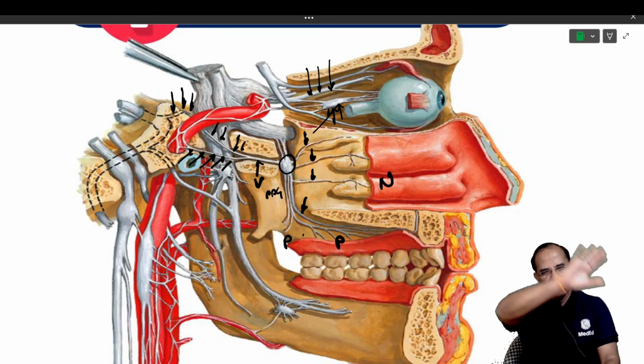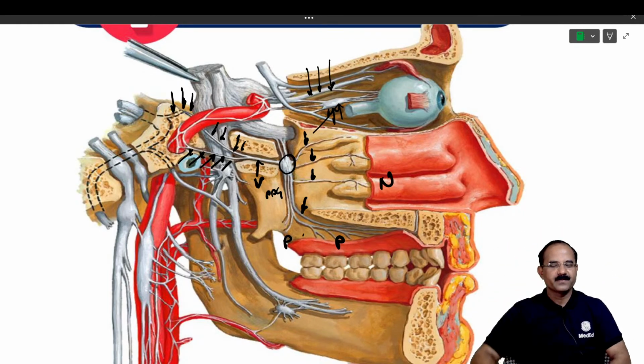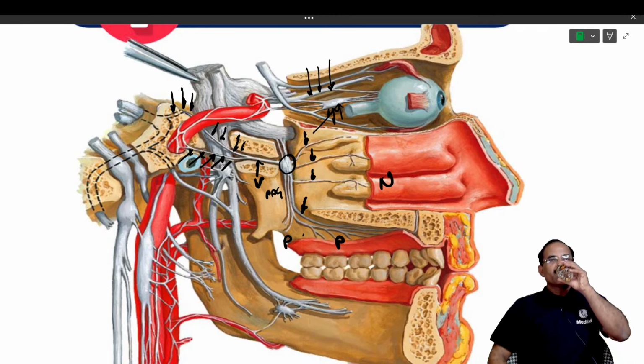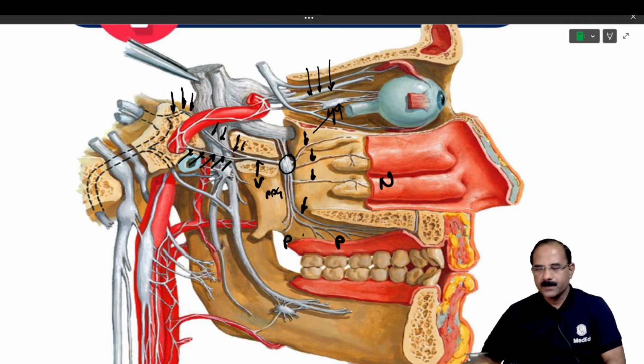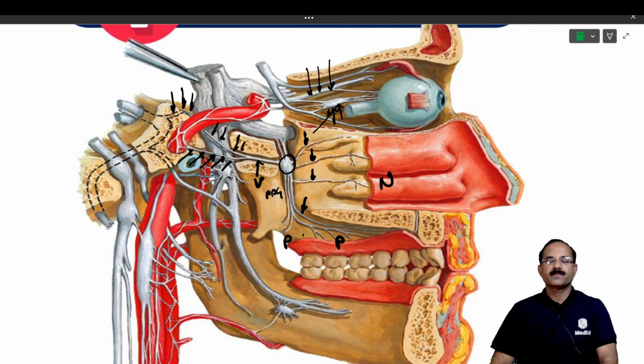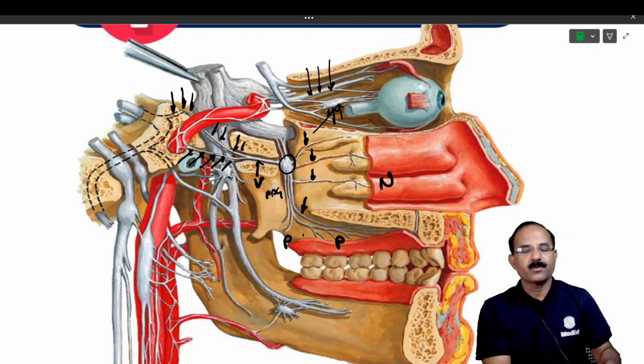I hope this facial nerve and all is clear. Okay, very good. I'll tell you one more topic.